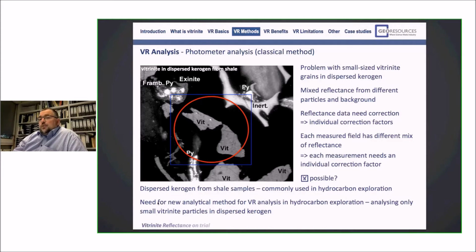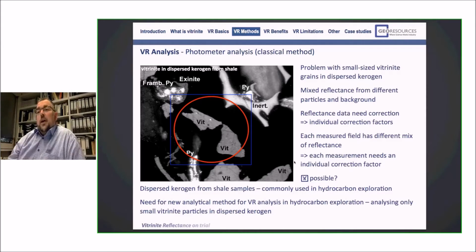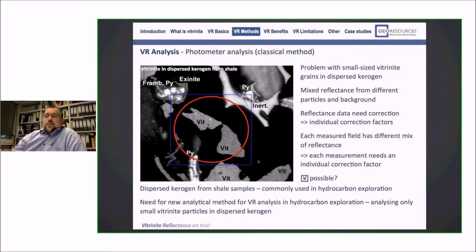So there is a need for new analytical methods for vitrinite reflectance in hydrocarbon exploration, to get more reliable measurements which are based on the reflectance of the vitrinite particles only, and not on a whole measuring field like here. So how can we solve this?